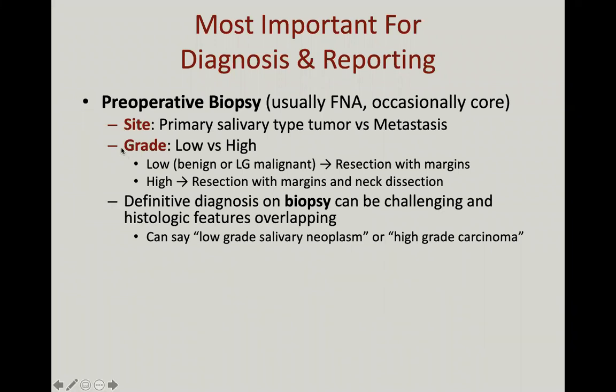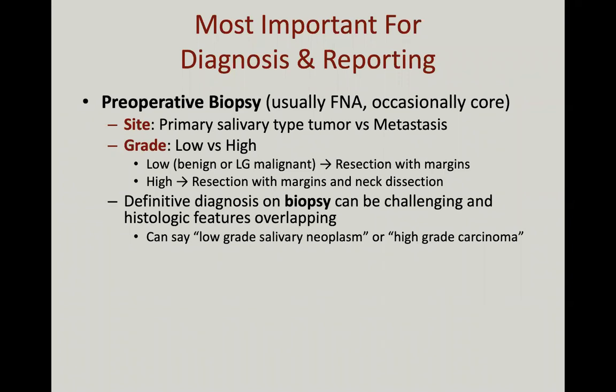We want to determine the histologic grade, low versus high. And by low, I mean both benign or low grade malignant. On biopsy, this is nice for us because if it's either benign or low grade malignant, usually these will be resected with an attempt for negative margins, rather than something that's overtly high grade, where they may opt to do a neck dissection.